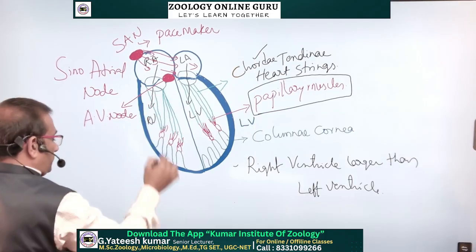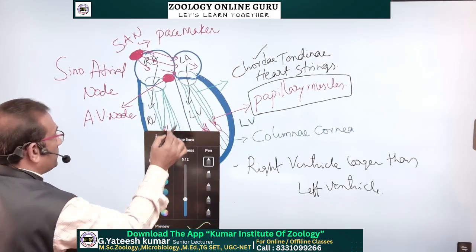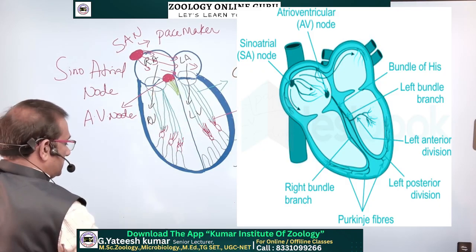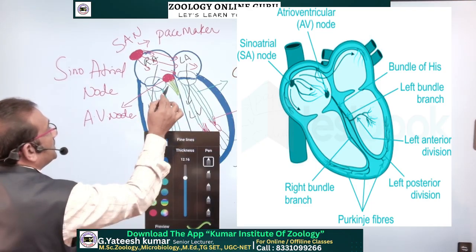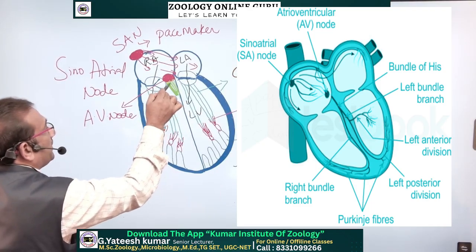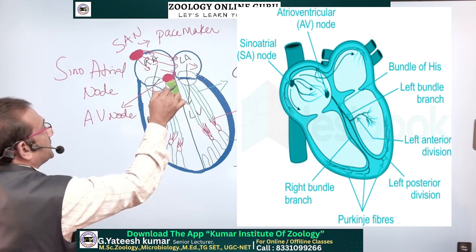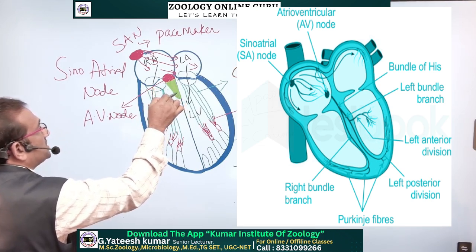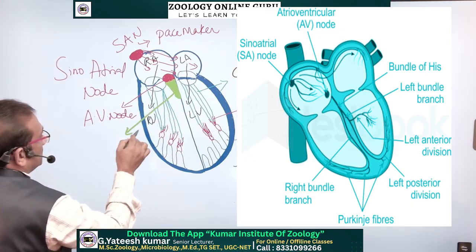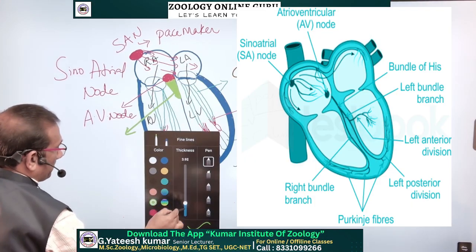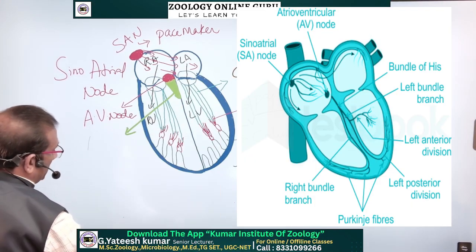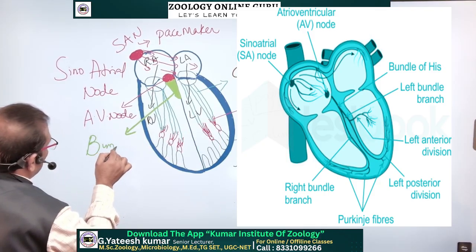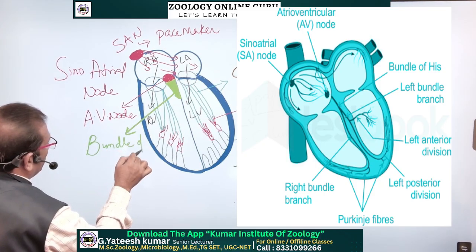From this node, a thick muscle band or set is present. This muscle band is known as the bundle of His.